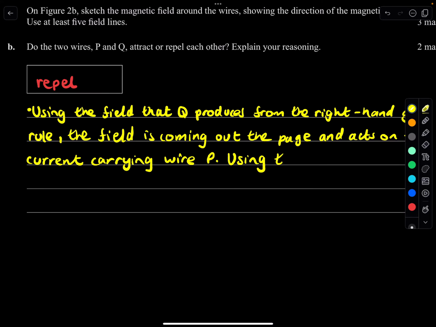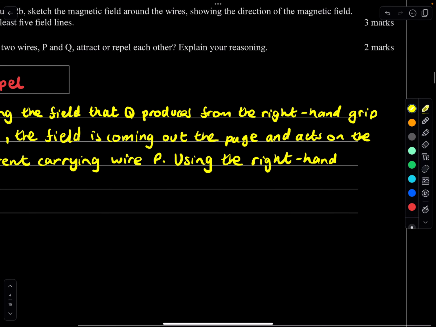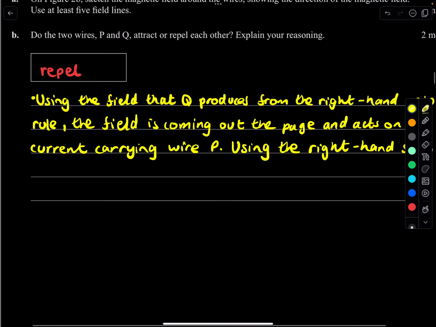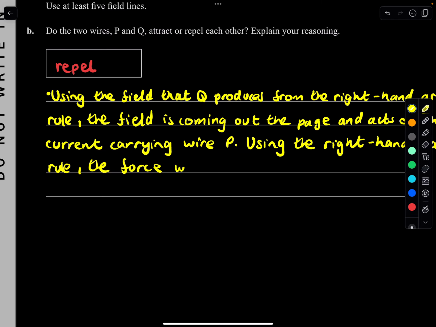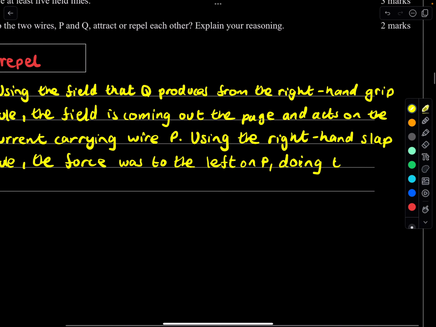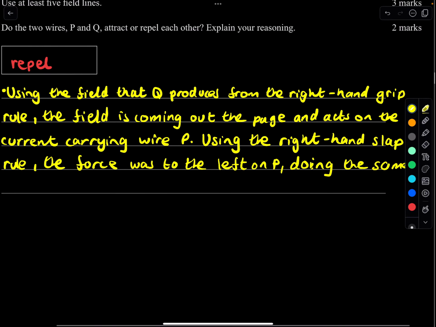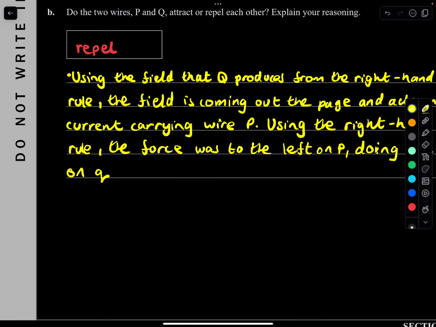Using the right hand slap rule now, the force was to the left on P. Doing the same on Q, the force was to the right.